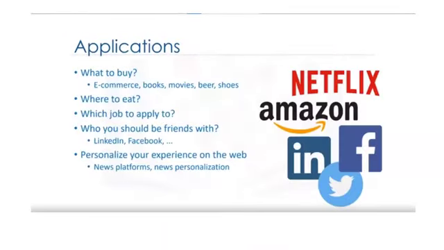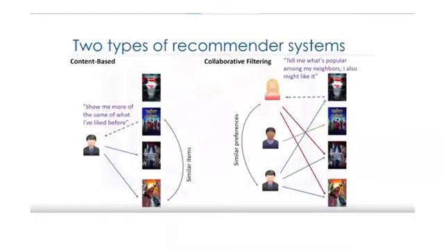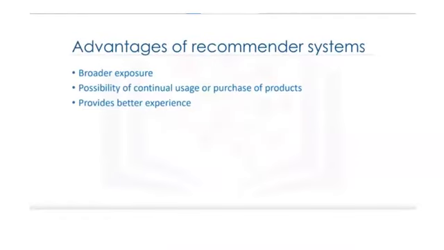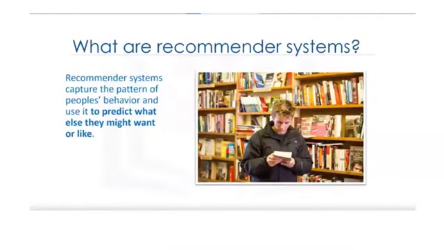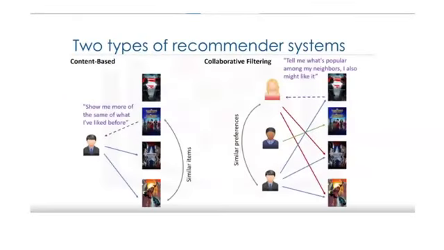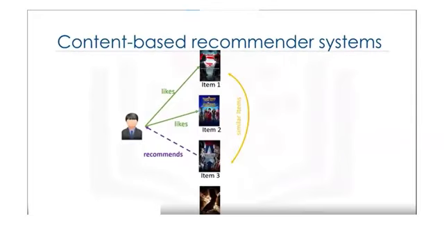We discussed two types of recommender system. One is content based, another is collaborative filtering. In a recommender system, we have two different entities: one is the users, and the second is the items.